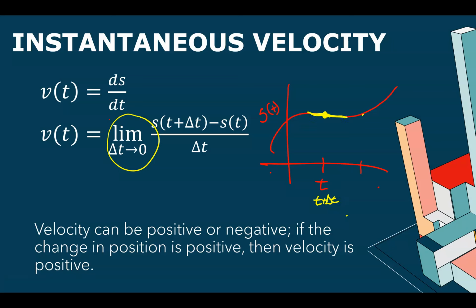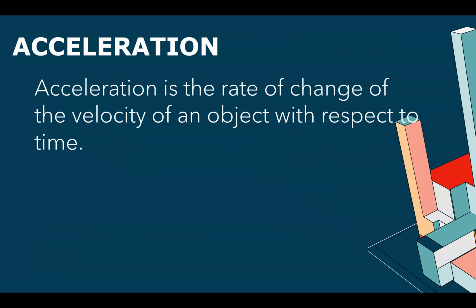So we have an instantaneous rate of change. And a thing to watch out for, velocity can be positive or negative. If the change in position is positive, then velocity is positive. If change in position is negative, velocity is negative. We'll get to some examples.